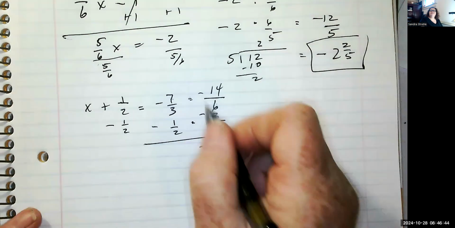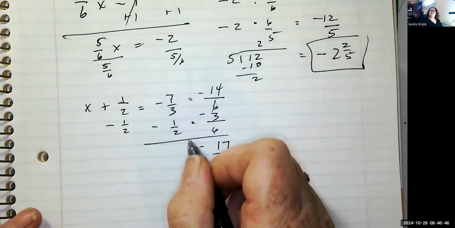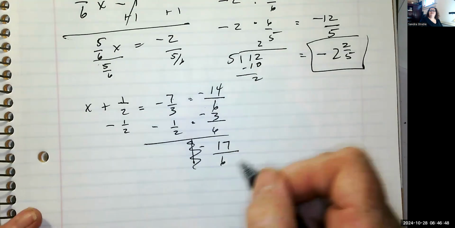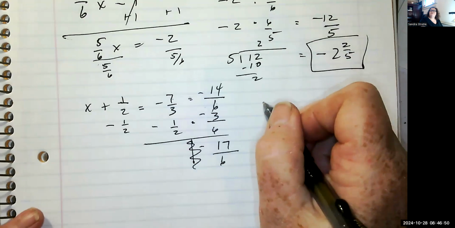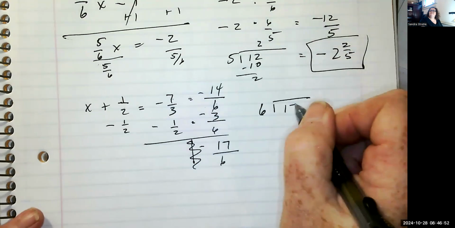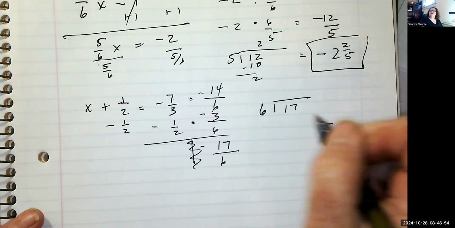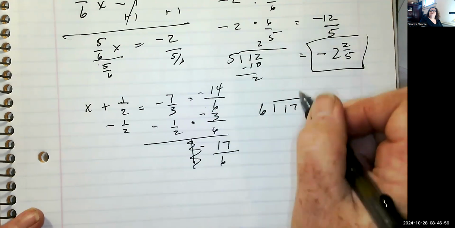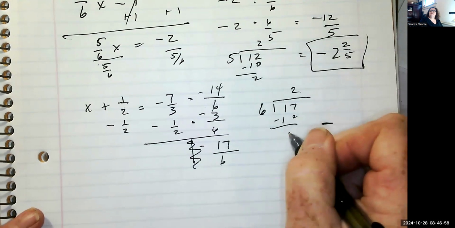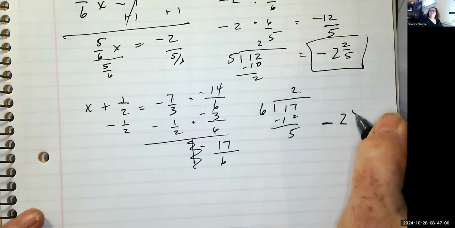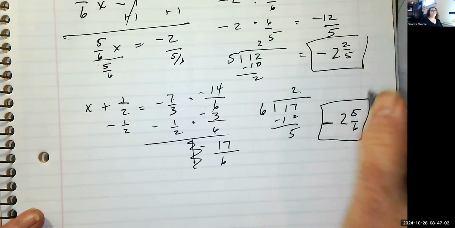And then you add them because the signs are the same. Oh, I can't do that yet. Gotta make it a mixed number. It's improper. Getting a little too ahead of myself there. My answer is going to be a negative. 6 goes into 17 twice. So -2 and 5/6.